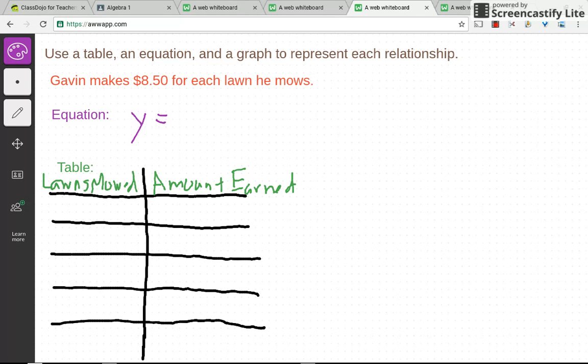Y would equal $8.50 times every lawn that Gavin mows. We don't know how many lawns he's going to mow, so we're going to say that's X. So Y is equal to 8.50 times X. There's our equation.